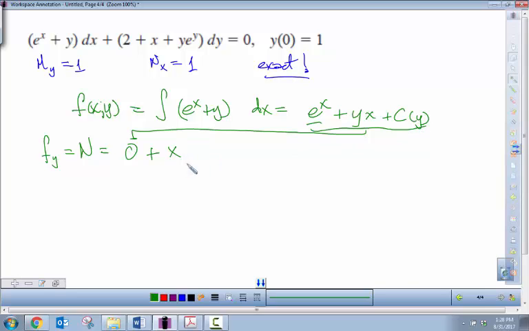And then we have another possible set of all kinds of y functions here. Take the derivative of that with respect to y and just call it c prime of y. So this is the derivative of your potential function with respect to y. Now let's rewrite what n is equal to.